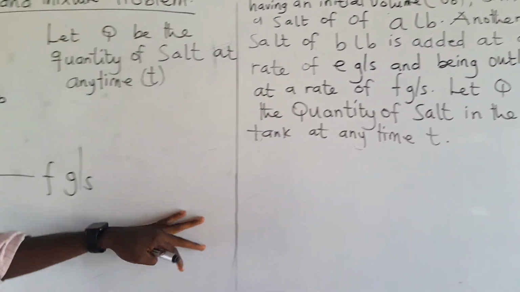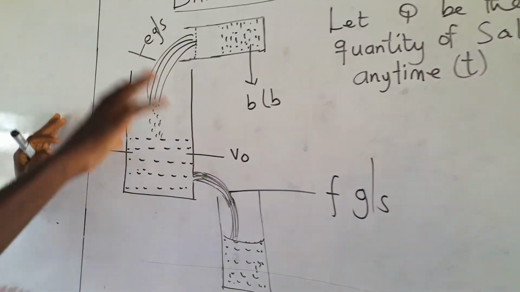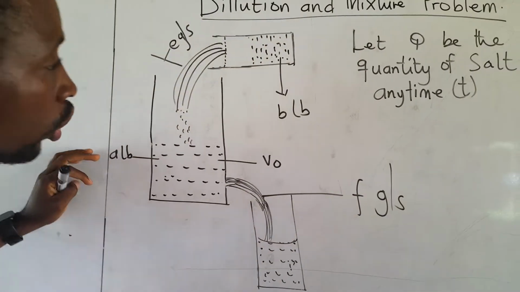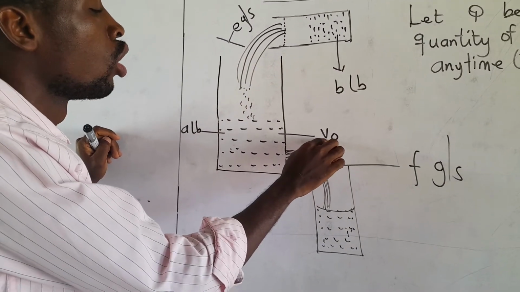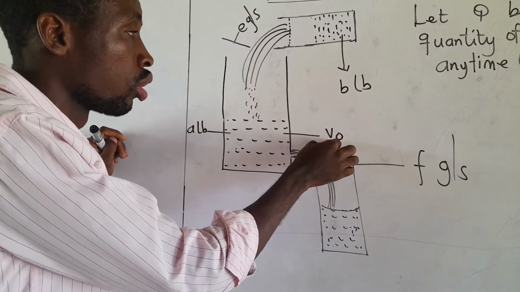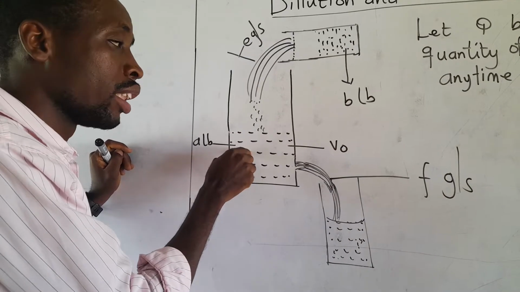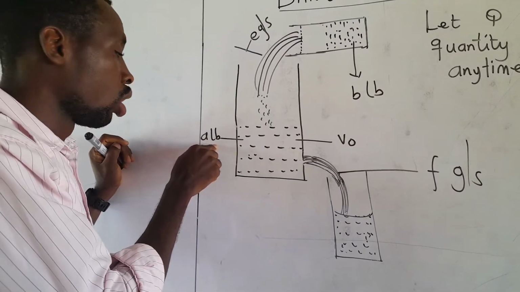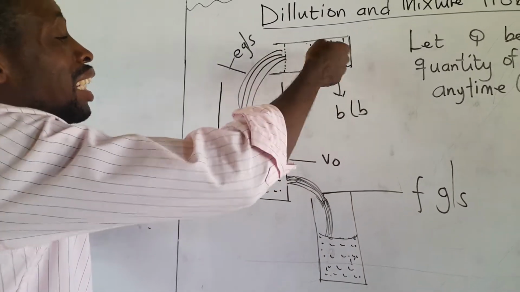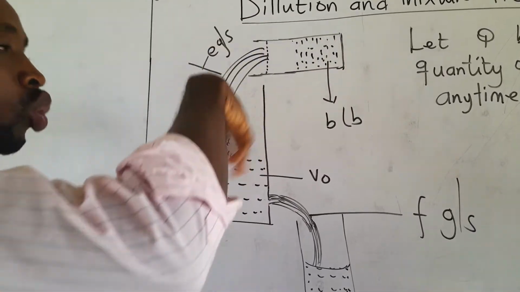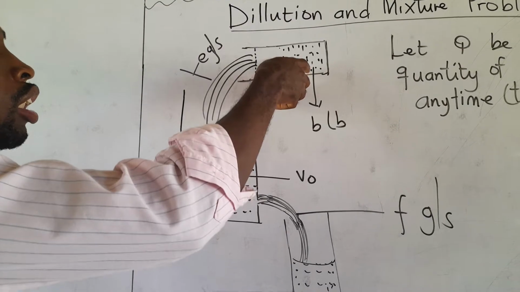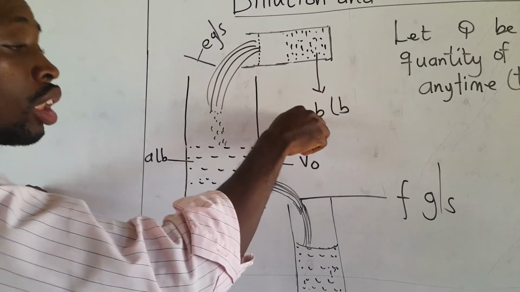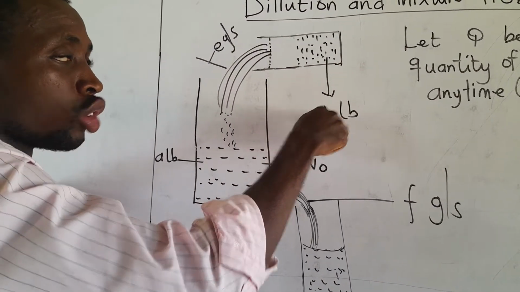So now let's have a visual representation of what I wrote there. Let's say this is the jar containing an initial volume of solution, V naught, and the salt in this solution is A pounds. Then we add another solution, being a salt solution or fresh water. When it is fresh water, the pounds of salt in it will be 0.